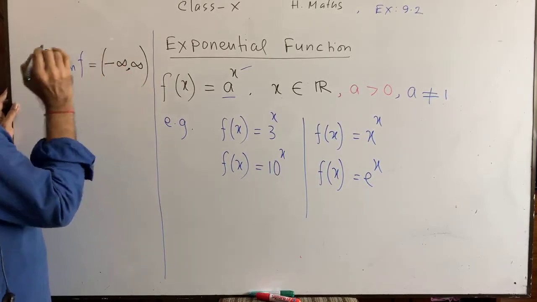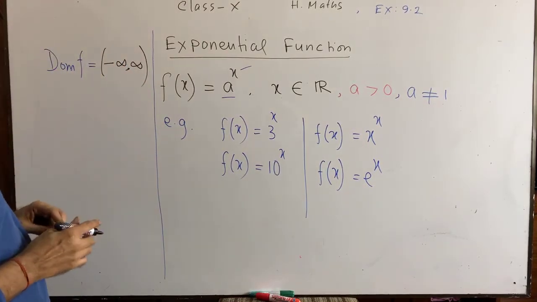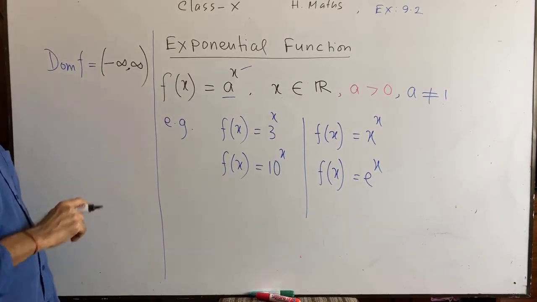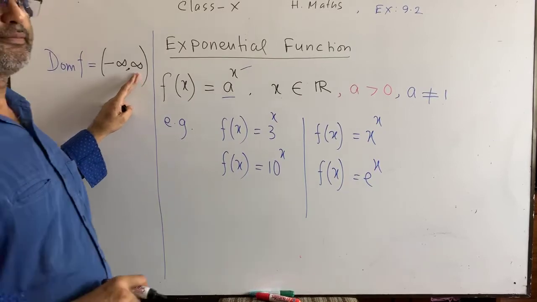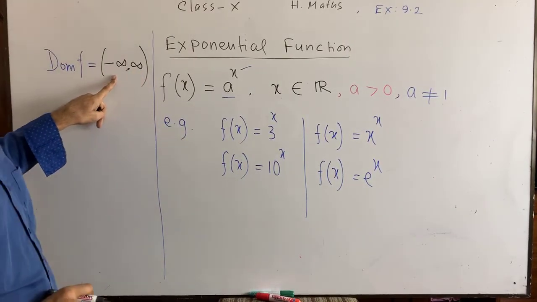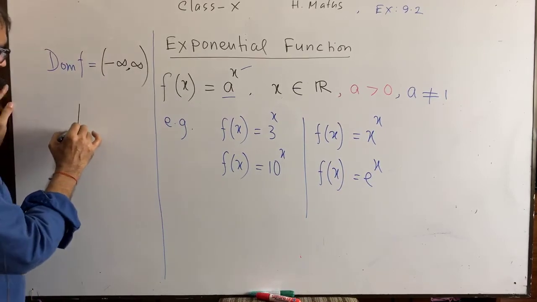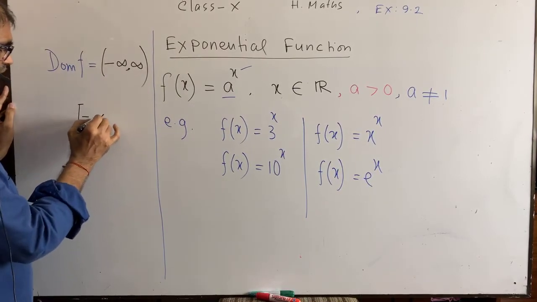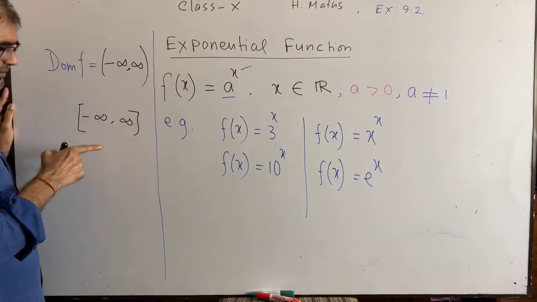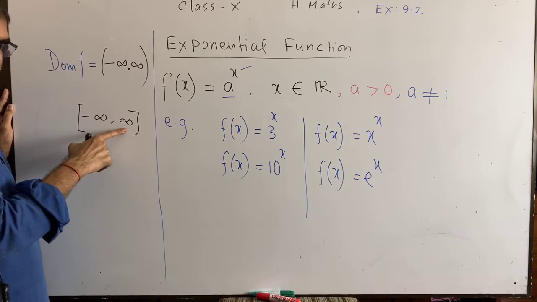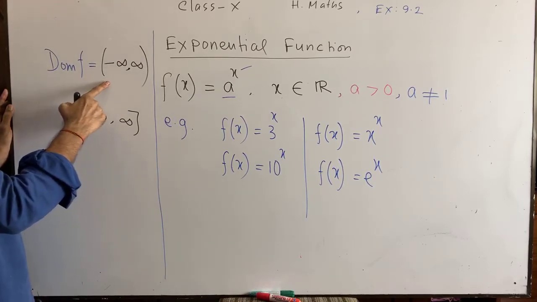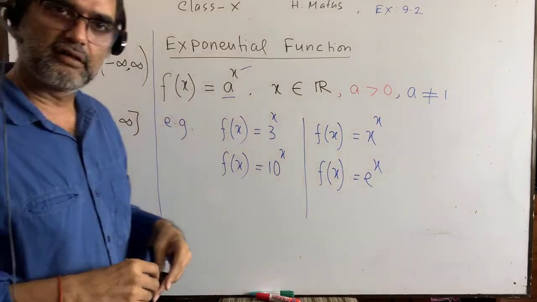Please try to understand, it is a first bracket, that means not equal to plus infinity and not equal to minus infinity. But if it was like this, then it could mean including plus infinity and including minus infinity, but not that. It is a first bracket, so it is an open interval.